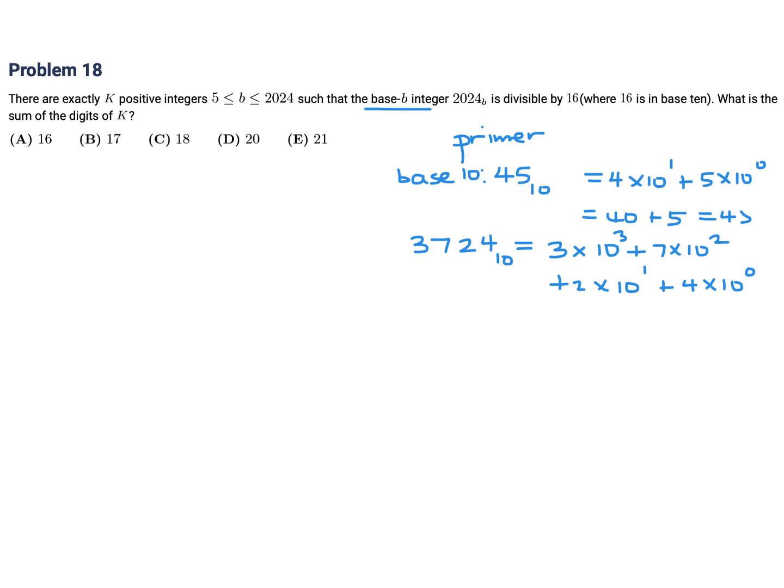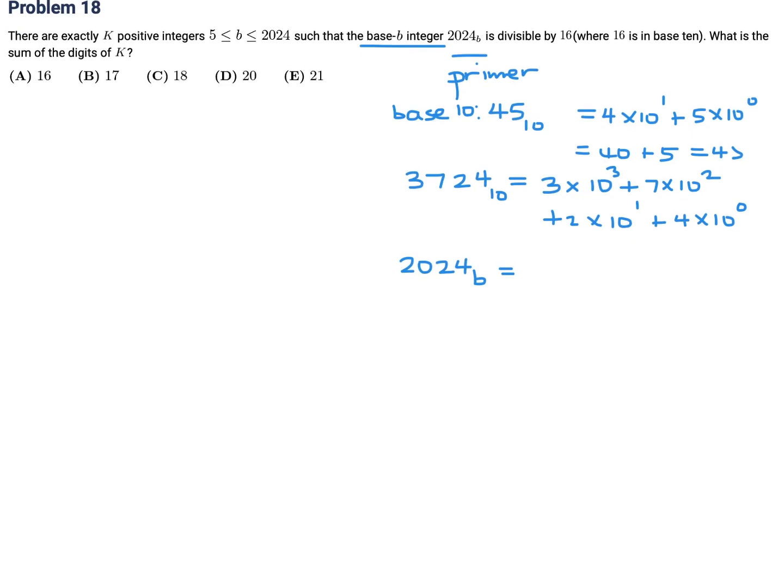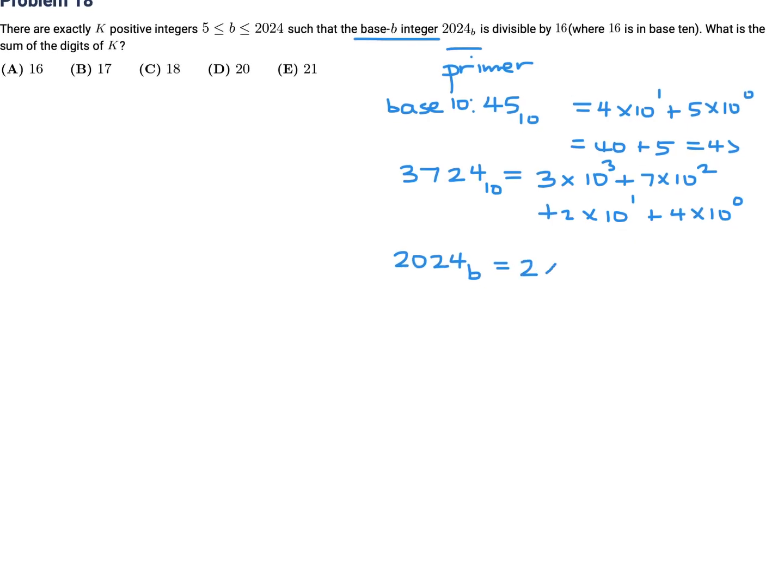But with base b, for example 2024 to the base b, you can see there's a little b there. What does that mean? It means the following: 2 times b to the power of 3 plus 0 times b to the power of 2 plus 2 times b to the power of 1 plus 4 times b to the power of 0.